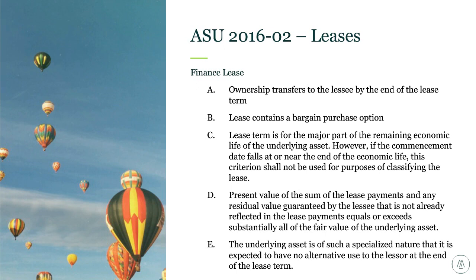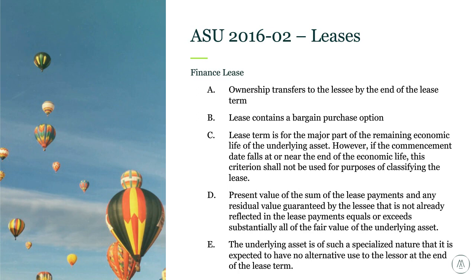Lease payments: if the present value of the lease payments is equal to or greater than substantially all of the fair value, and substantially all is considered to be 90%. And then specialization of the asset. Is this asset so specialized that it's not expected to have any alternative use at the end of the term? Also consider, in order to repurpose the asset, would the lessor be expected to incur substantial costs?